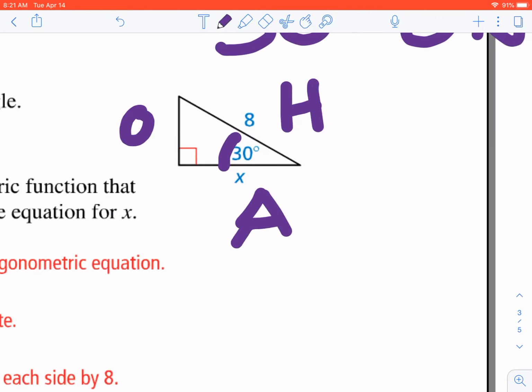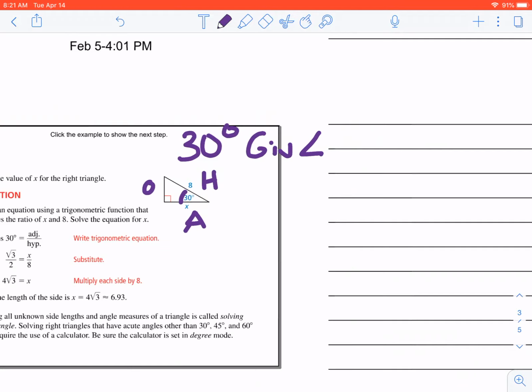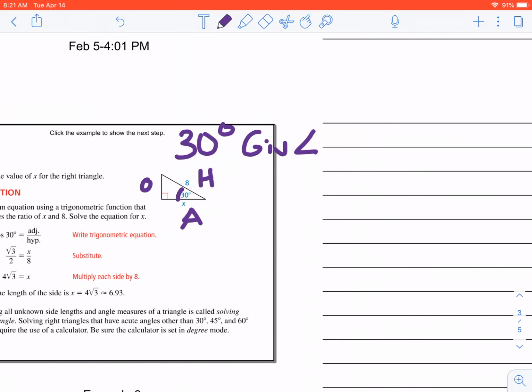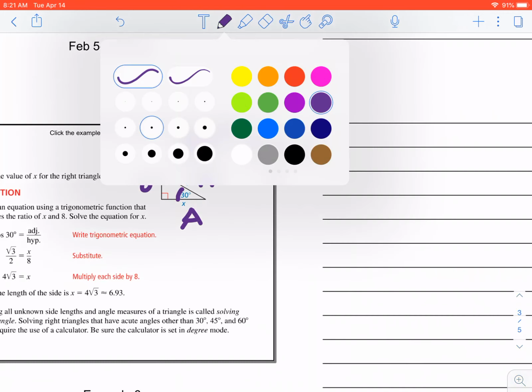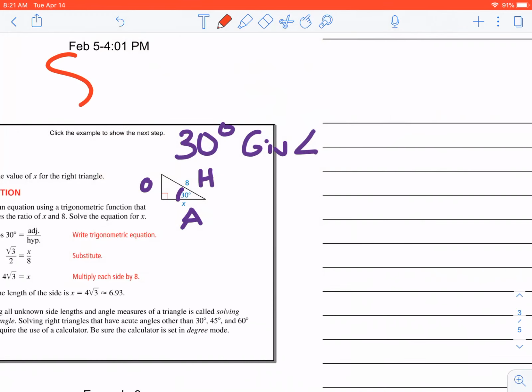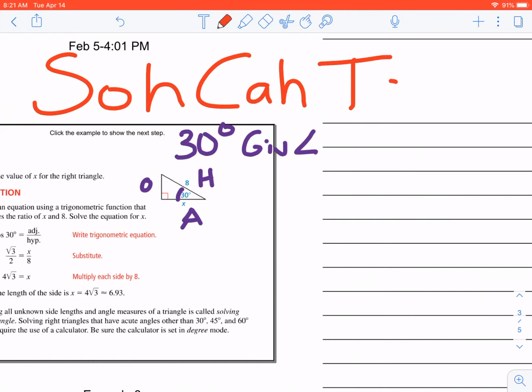So the first thing you always do when you're solving is identify your A, your H, and your O. Then we have our SOH CAH TOA, which we're going to look at all the time until we get comfortable with it, to let us know which trig function we need to use.